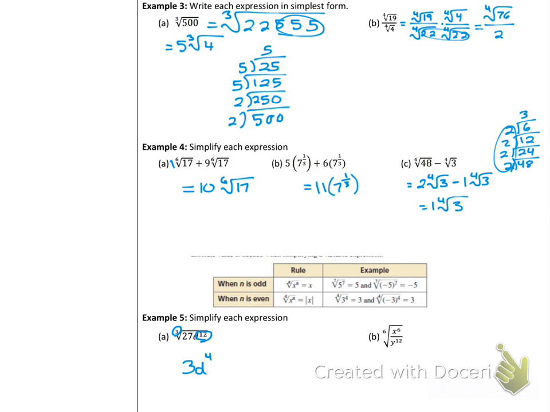Now we have an even root, so we might have to worry about our absolute value. Well, let's see. We're going to take 6 and divide by 6. Well, what's 6 divided by 6? 1. It does go in evenly, which means we'll just end up with 1x on the outside. Over, well, now we have 12. Now we have 12 divided by 6.